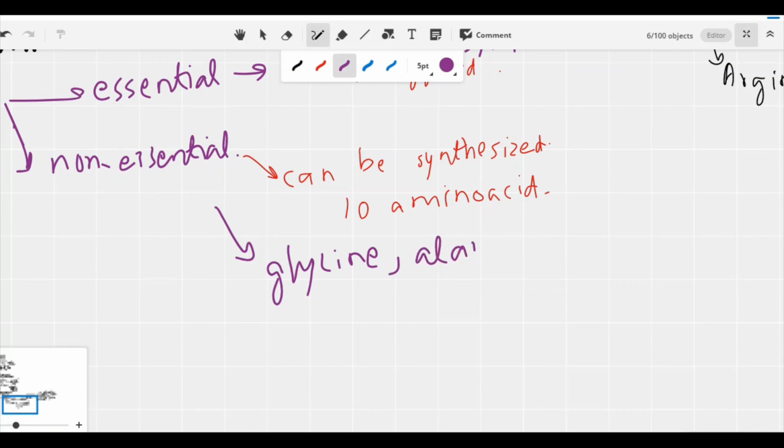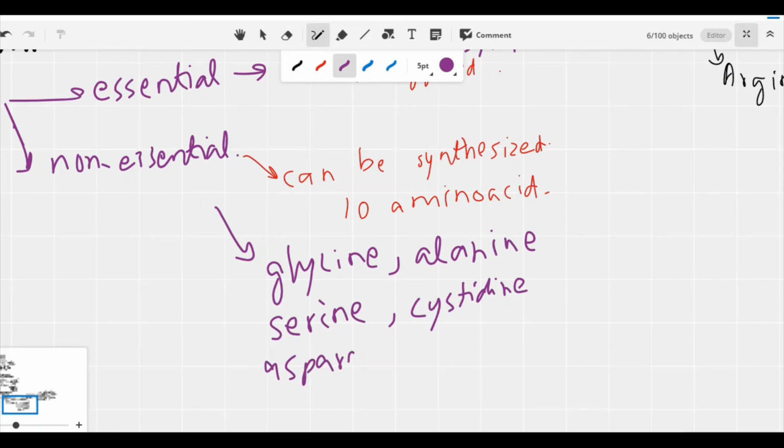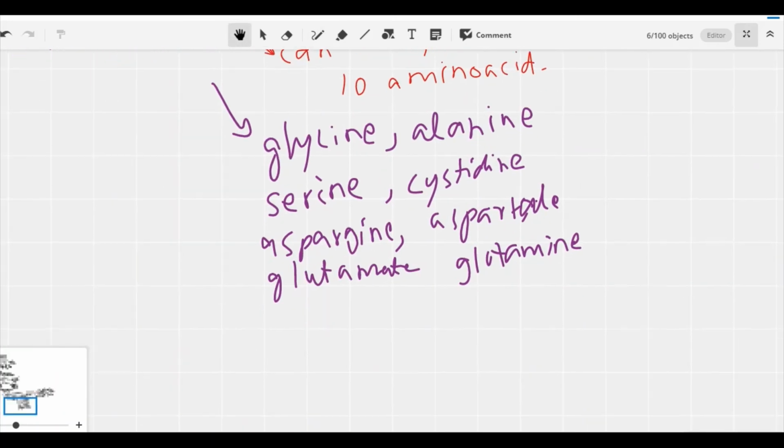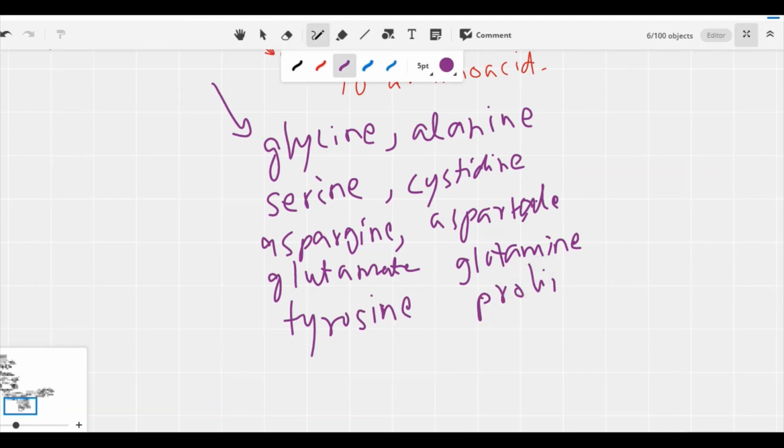The remaining will be glycine, alanine, serine, cysteine, asparagine, aspartic acid or aspartate, glutamate, glutamine, and the last two, tyrosine and the special amino acid, proline.